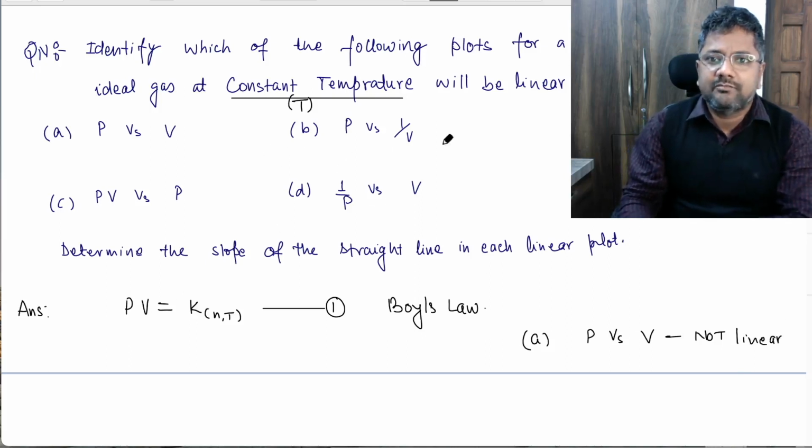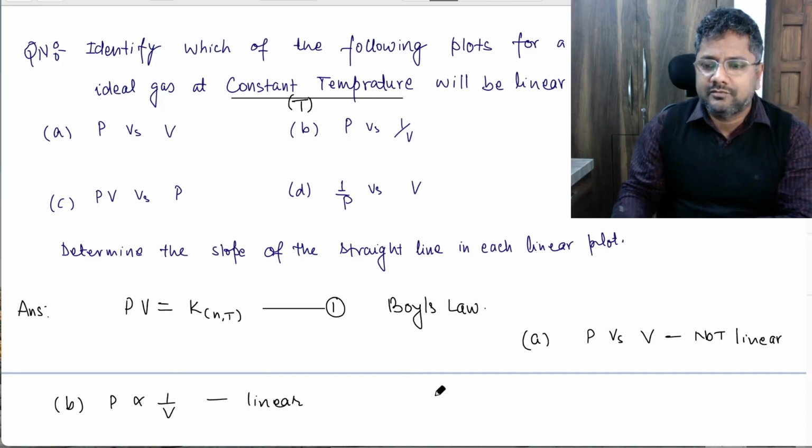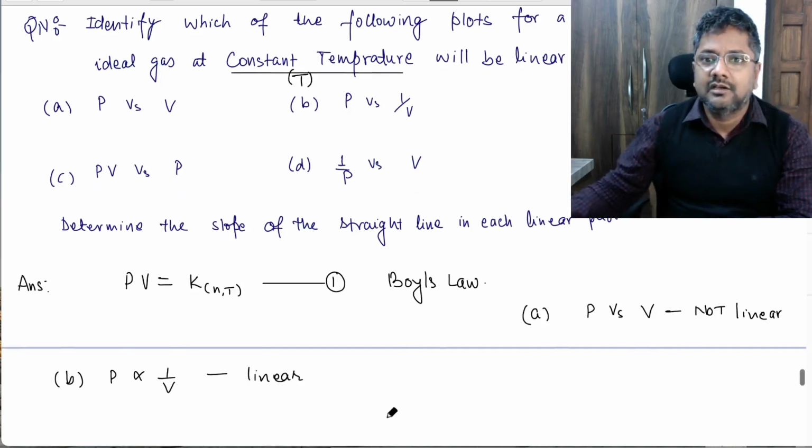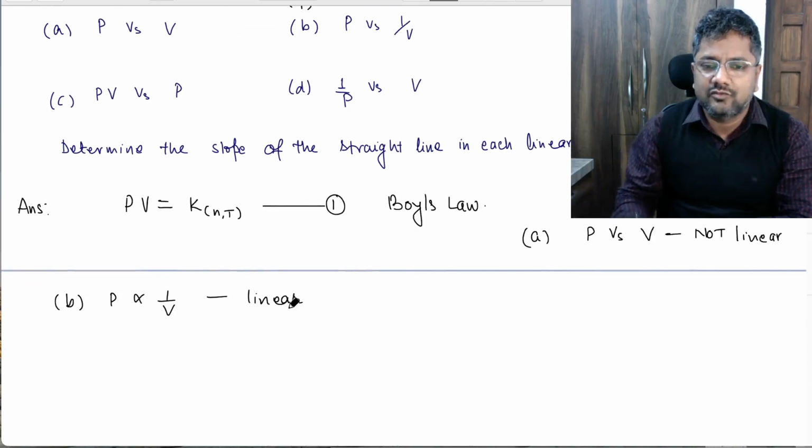B part, P versus 1 by V, so definitely P versus 1 by V is linear. And if you see the slope, the slope in this case is the slope of P versus 1 by V.